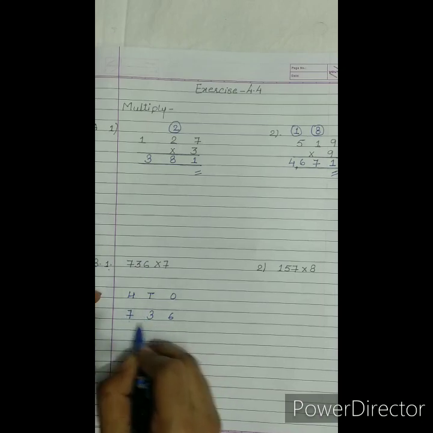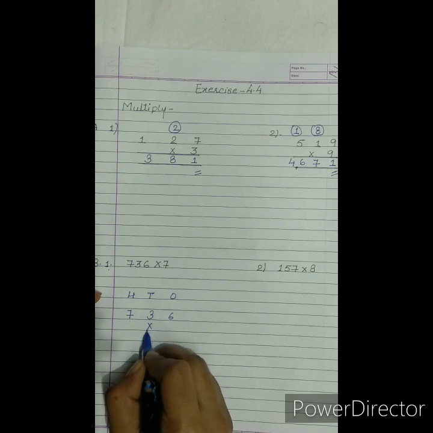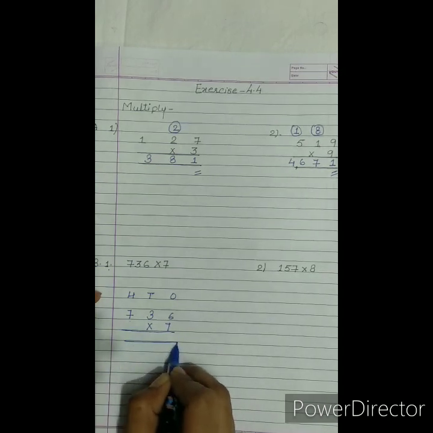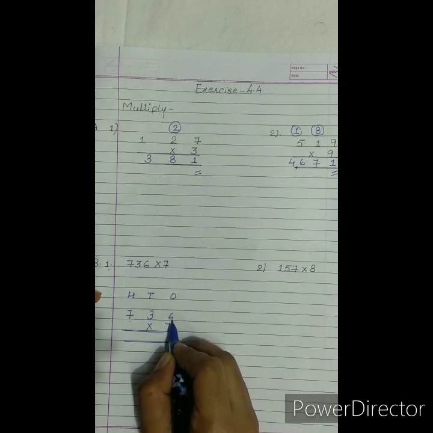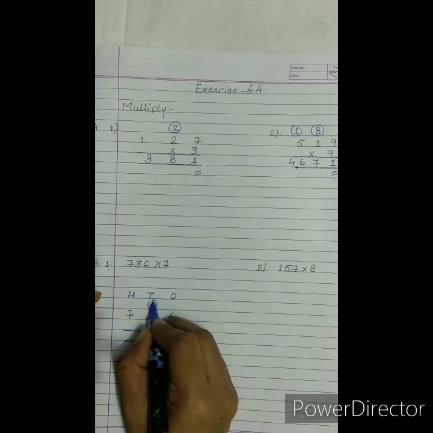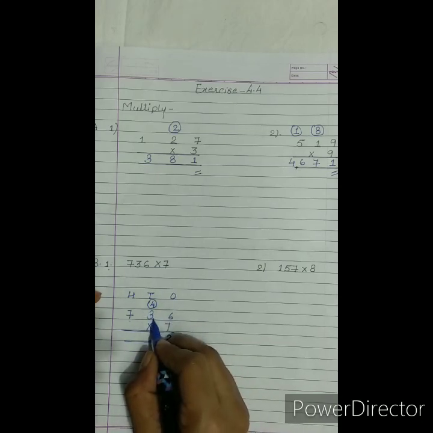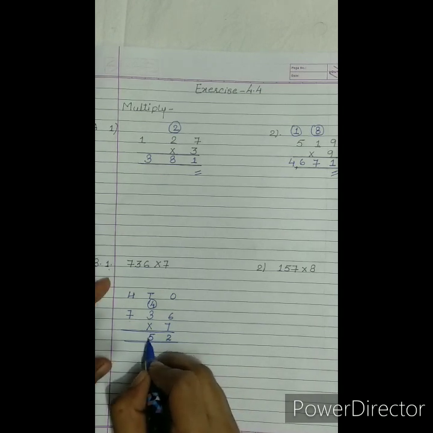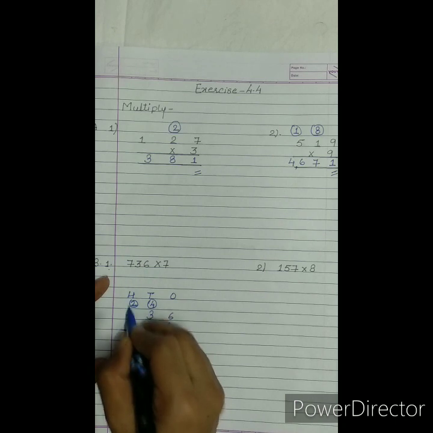We have to multiply 736 by 7. 7 6s are 42. 4 goes up as a carry. 7 3s are 21, 22, 23, 24, 25. 5, again 2 goes up as a carry.